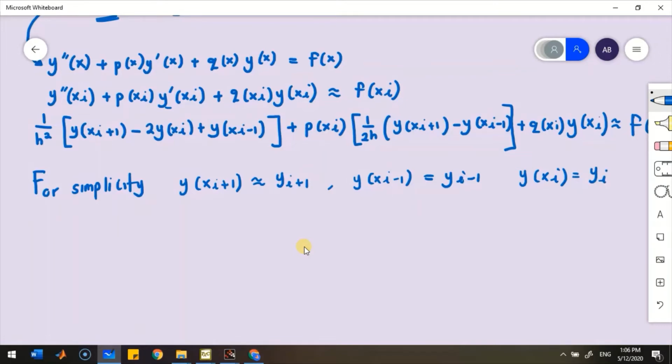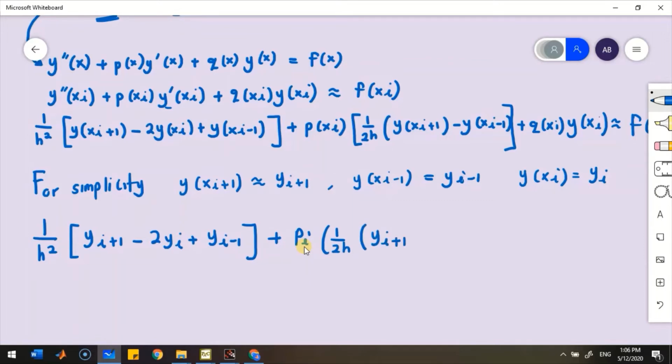This is just to make it nicer. So I have 1 over h squared, yi plus 1 minus 2yi plus yi minus 1, plus pi, 1 over 2h, yi plus 1 minus yi minus 1, plus qi yi equals fi.